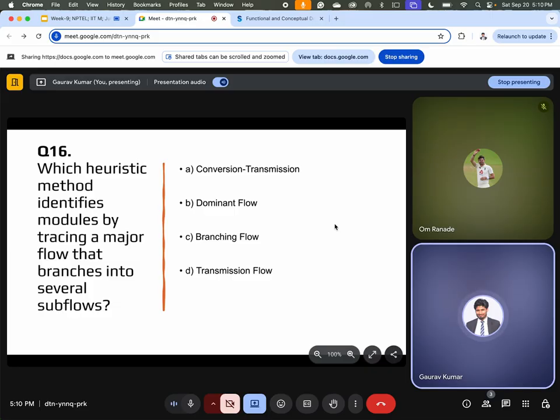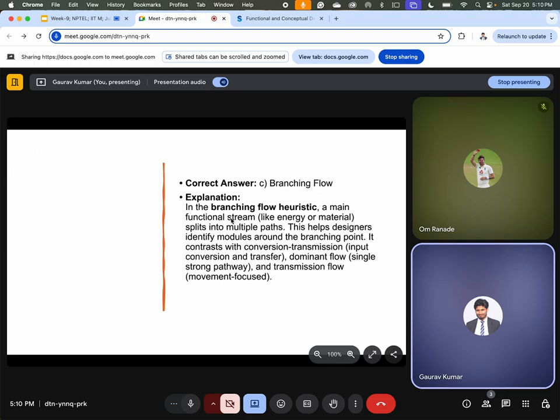So branching flow provides a systematic way to organize product functions, ensuring clarity in module boundaries and reducing unnecessary interdependence across the design. So branching flow is the right answer for question number 16. Okay.